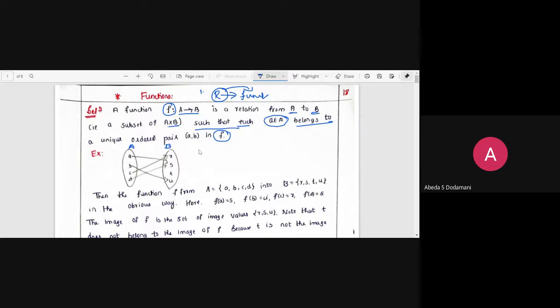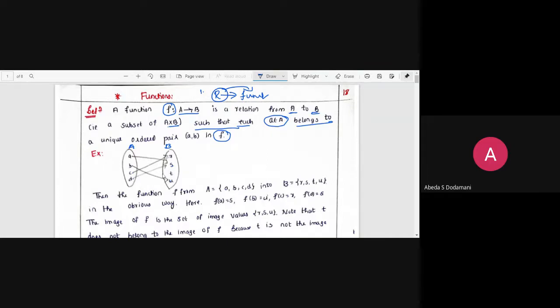Let's see an example. The set A contains a, b, c, d, and the set B contains r, s, t, u. You can see that a is mapping to s, b and u are related to each other, c and r are related to each other, and d and s are related to each other. That means each element of the given set A is mapping to a unique element here.